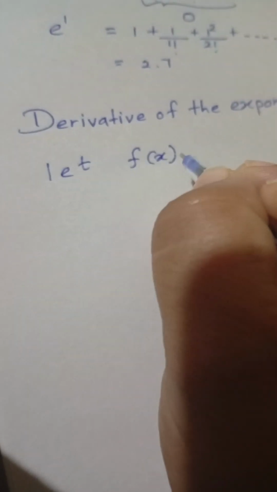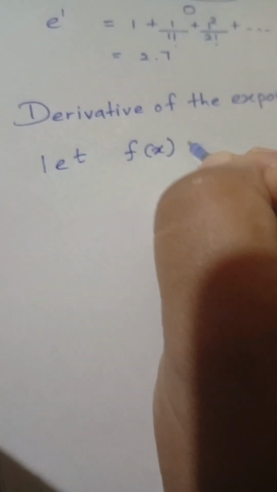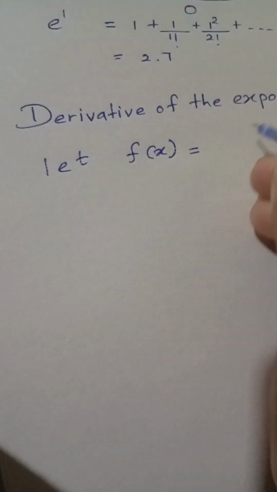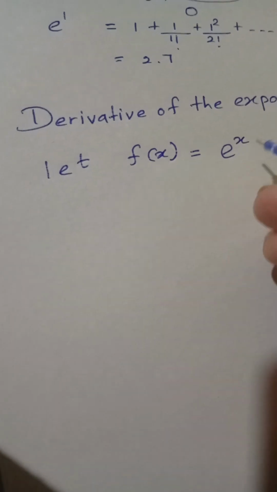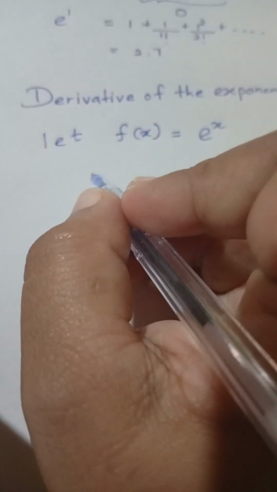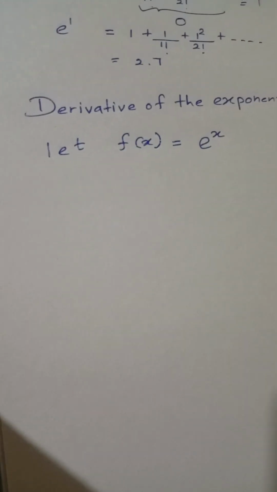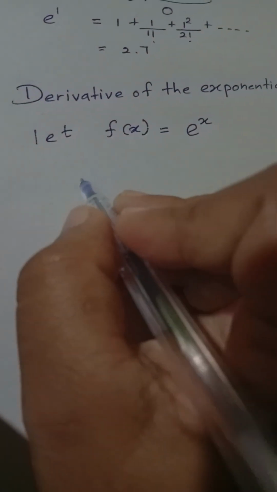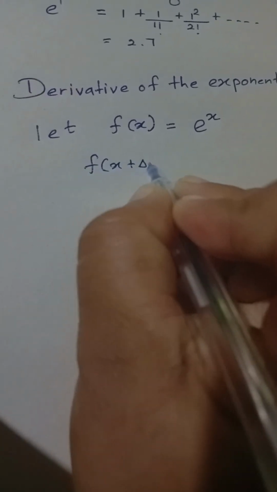Let f(x) equal to e to the power x. If f(x) equals e to the power x, I can write f(x plus delta x).